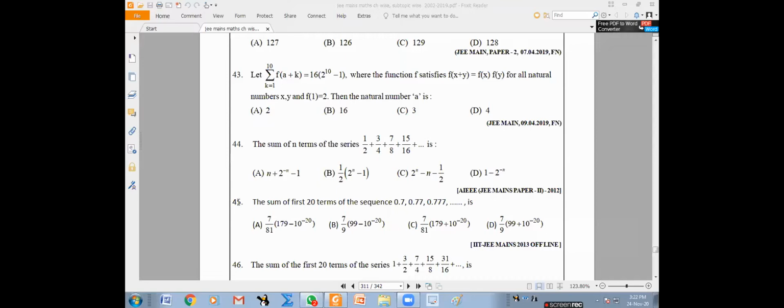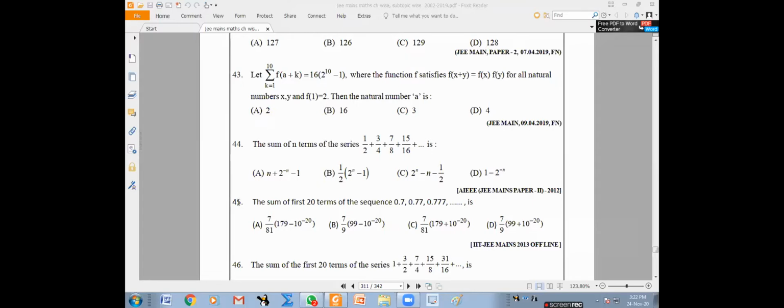Okay. f of x plus y is equal to f of x plus f of y. You know that is only possible for a power x. Yes, sir. So what is that a? Is it 2 power x or 3 power x or 5 power x? You can easily understand it must be 2 power x. Yes, sir, 2 power x. Okay, so now they gave f of 1 equal to 2, so it is 2 power x.